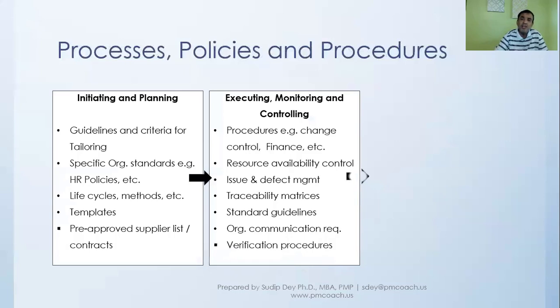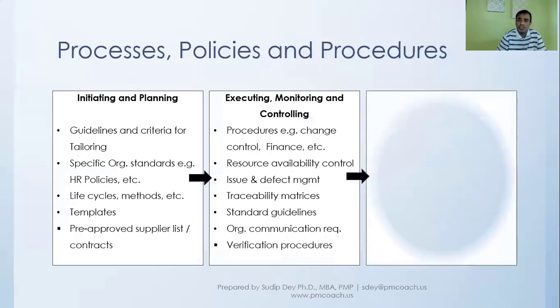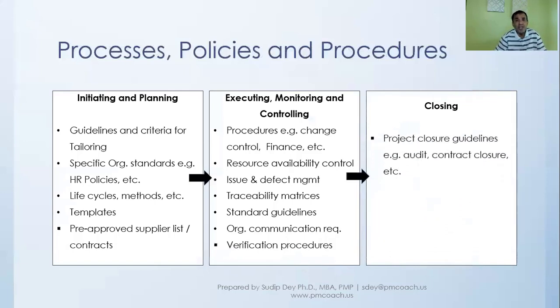And then finally, when we move into closing the project, we'll find that there are different guidelines. There might be a final audit that needs to be taken after the project is completed, or there might be some procedure for how you close contracts with the different vendors that you have, and so on and so forth. So there will be different guidelines when you are closing.